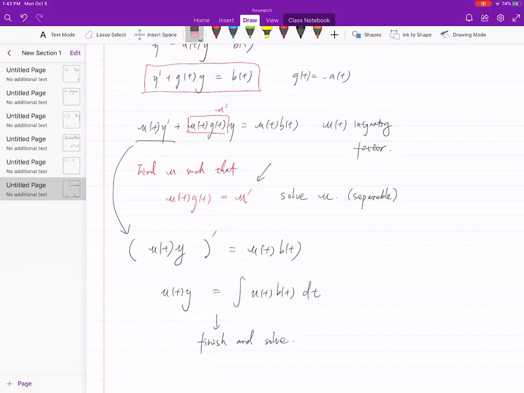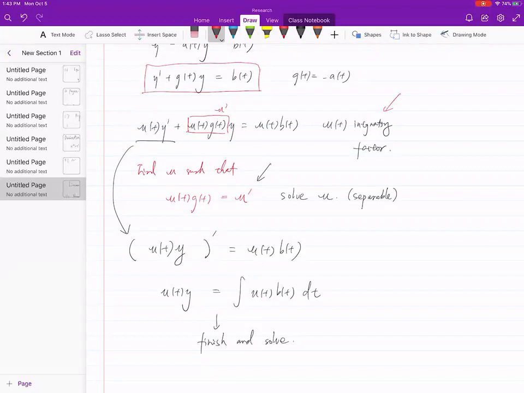All right. Go over all the steps here. Make sure you understand the core of this thing. We were looking for a factor to multiply on all the sides, in order to achieve that the left-hand side becomes a perfect product rule.